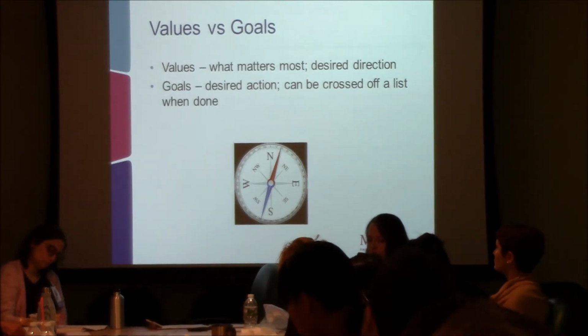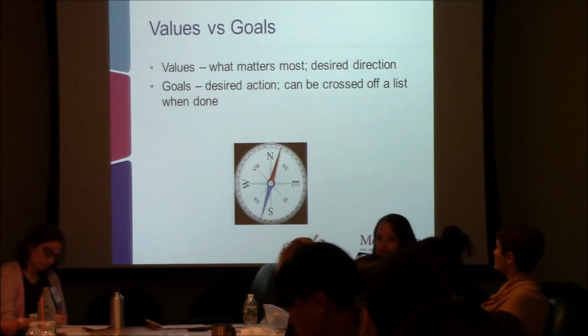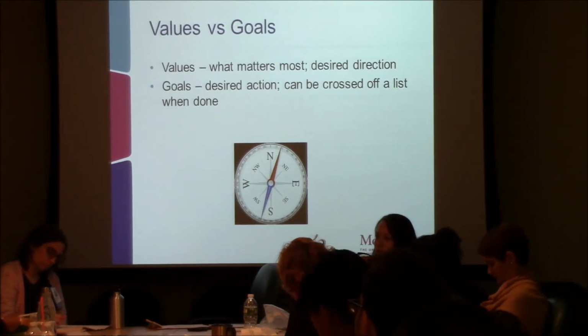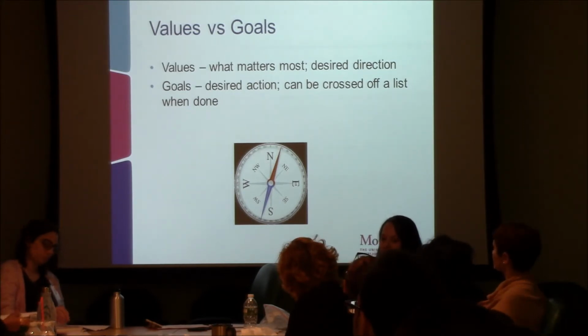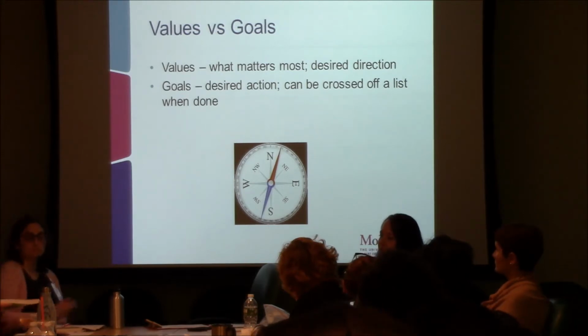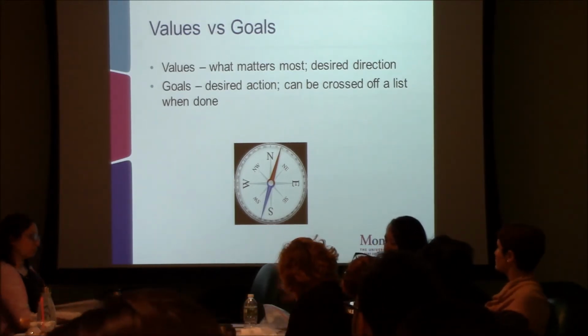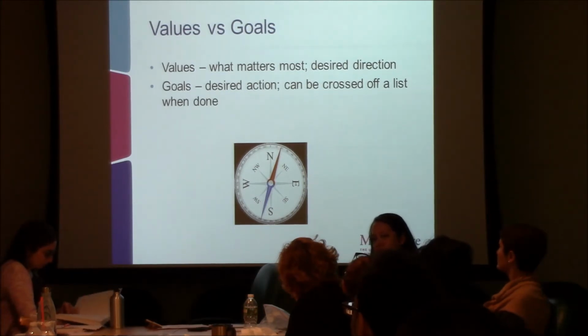Meanwhile, goals are very concrete, specific, desired actions. You put them on a to-do list, you can check them off when they're done. Values never really end. They might shift or grow or change, but you can't cross them off your list as done. I'm the perfect ideal human. If your values are like your compass, your goals are like pit stops along the way.